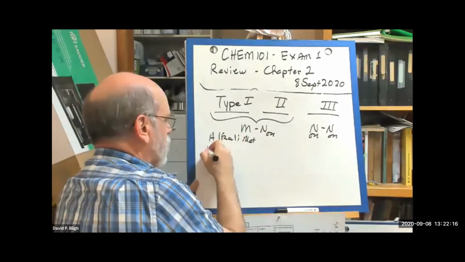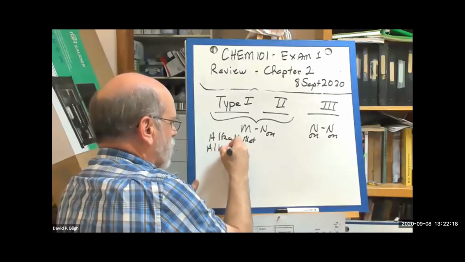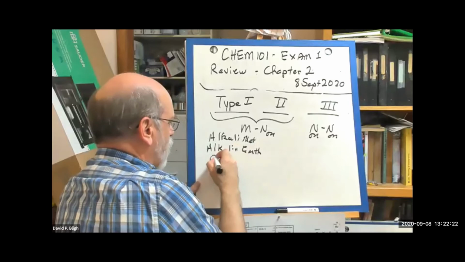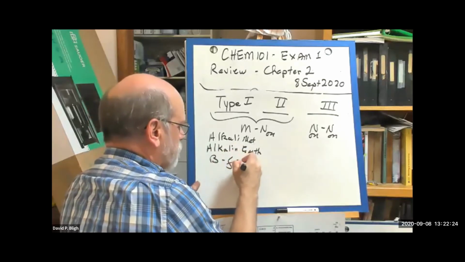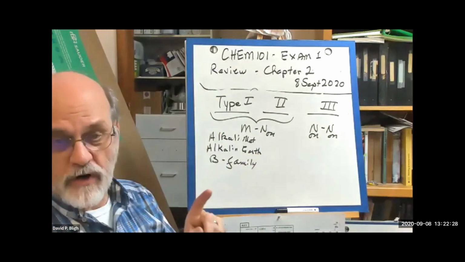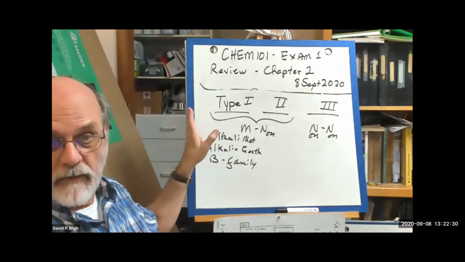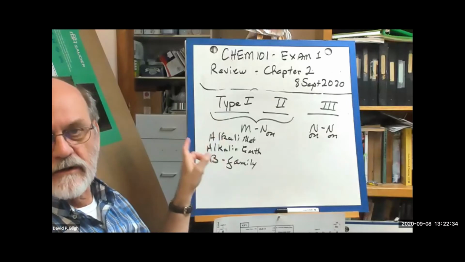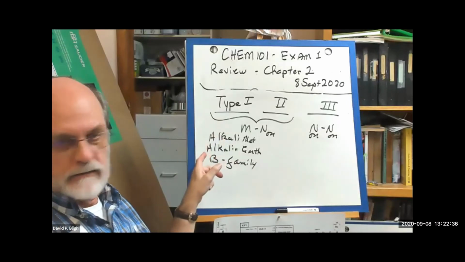Alkali metal or alkaline earth or boron family. It fits in here. So what are the charges? Why does it fit in type 1? Because only type 1 compounds have a fixed charge for the metal.